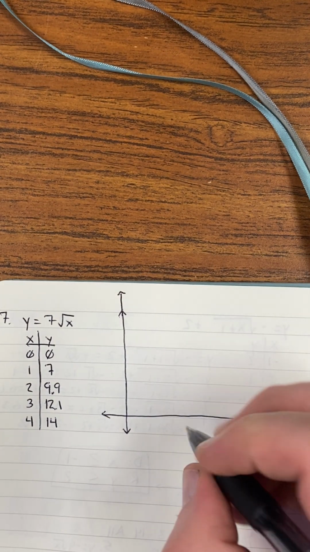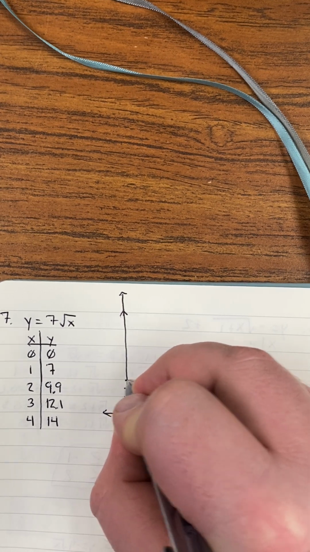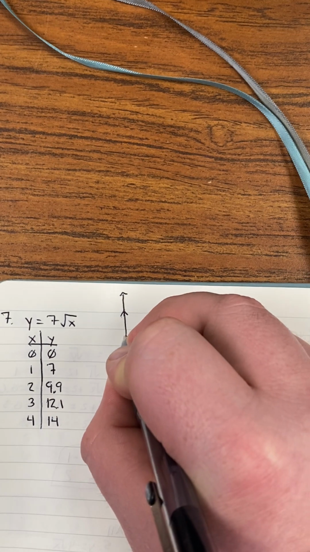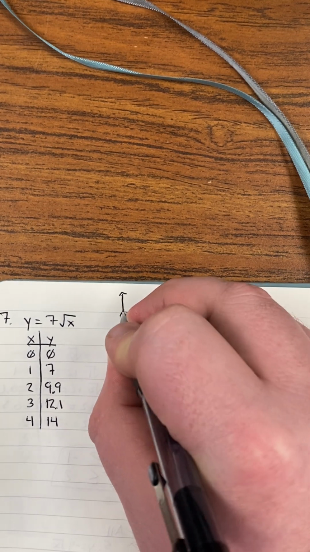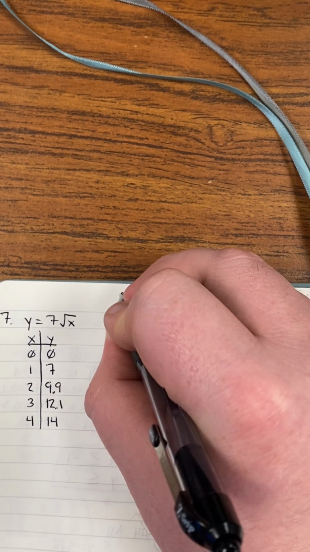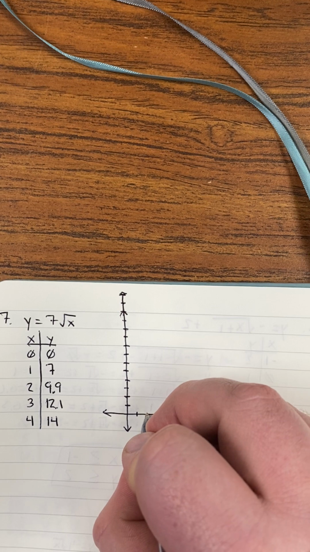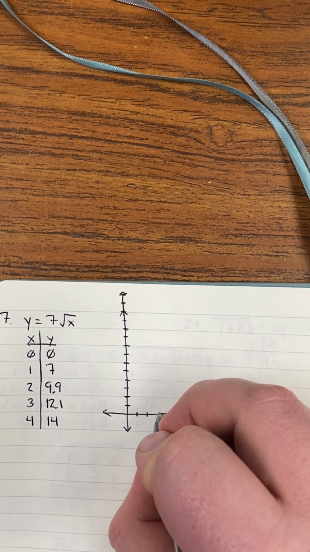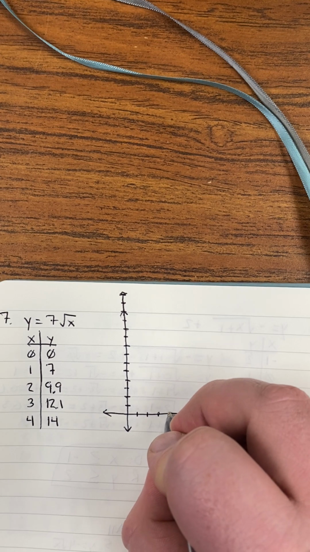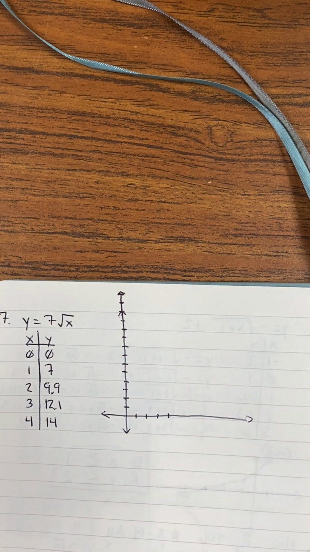That way I can include 14 in my answer. 1, 2, 3, 4, 5, 6, 7, 8, 9, 10, 11, 12, 13, 14 at the very top. 1, 2, 3, 4. That's all I need, so I won't go any further.